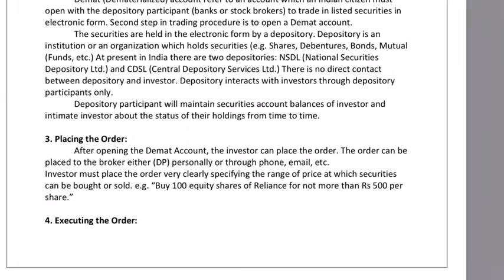So you'll have to be very specific, stating buy 100 equity shares of Reliance for not more than 500 per share. So this is one sample. So keeping this as the basis, the broker has to ensure that he follows the instruction strictly, right? So the instruction or the order, placing of order can be done over phone or email or any other mode.